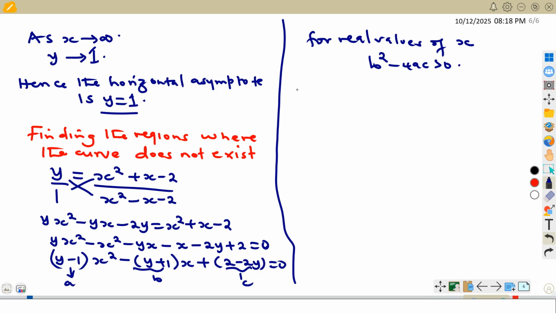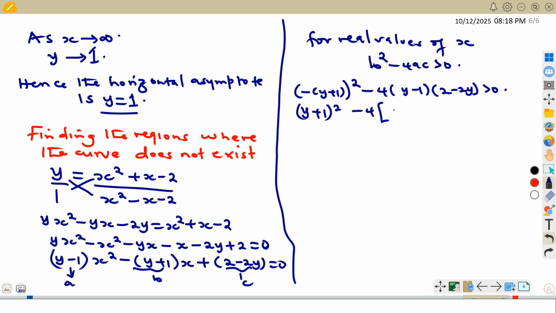So we shall have negative of y plus 1 squared minus 4 into a, which is y minus 1, into 2 minus 2y, should be greater than 0. So this is the same as having y plus 1 squared, negative squared will give us that, minus 4 into, I want to simplify this, this is 2y, this is minus 2y squared, this is minus 2, then plus 2y.